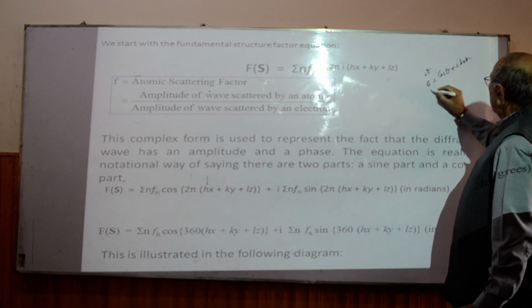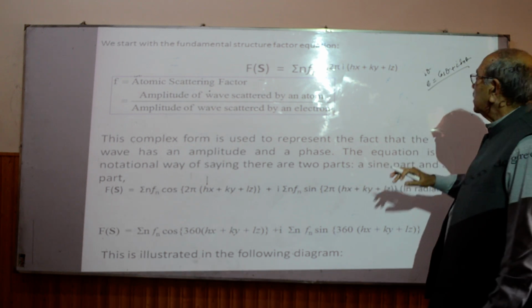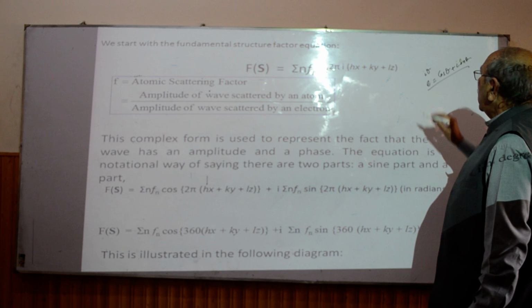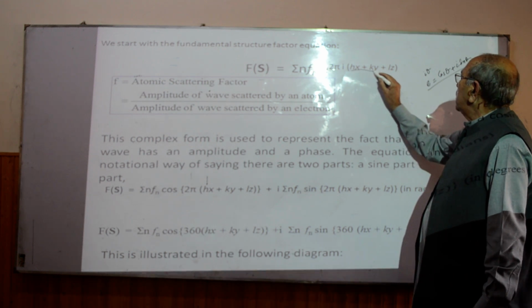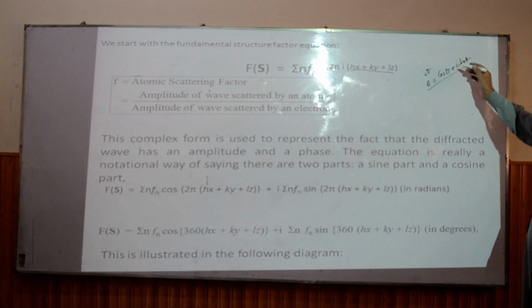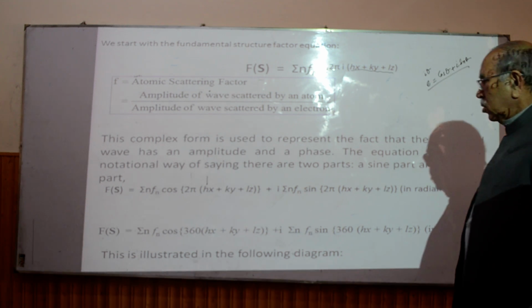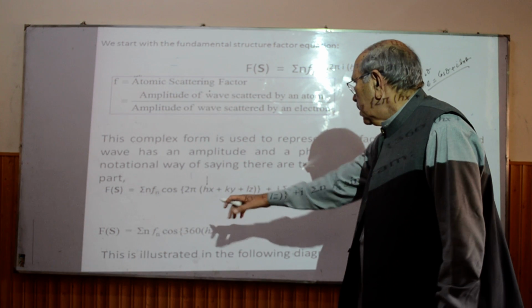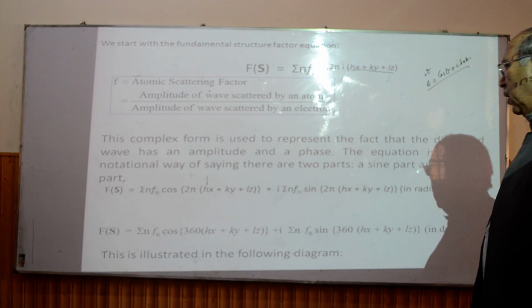This is the same thing which we are using here. In place of theta, we will write these values, h into x plus k into y plus l into z, in both these cases. For F, I can write sigma n into Fn.